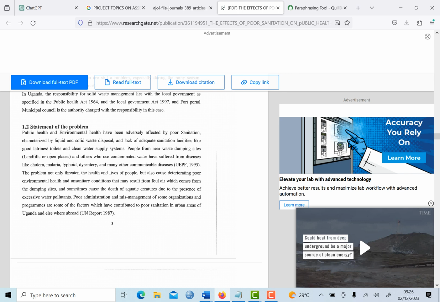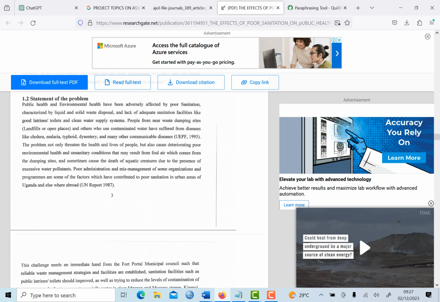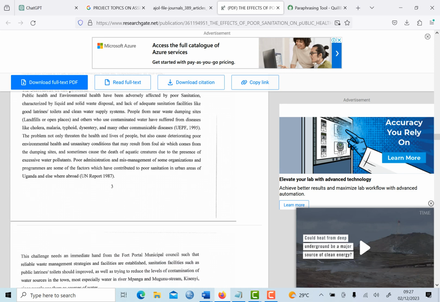The problem not only threatens the health and lives of people, but also causes deteriorating environmental health and unsanitary conditions that may result from foul air which comes from the dump sites, and sometimes causes the death of aquatic creatures due to excessive water pollutants. Even aquatic creatures are dying.